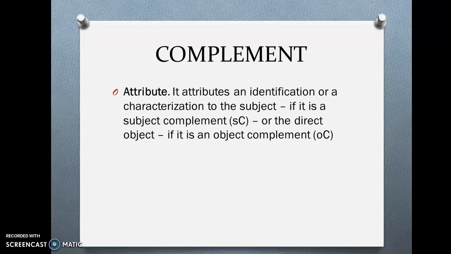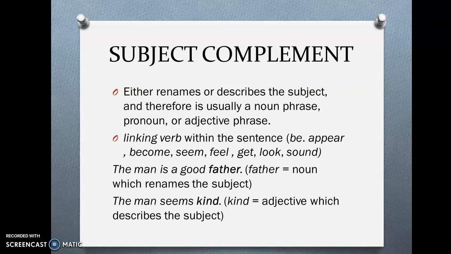Let's talk about complements. Complements are other elements in a sentence, and they are attributes. Yes, they attribute an identification or a characterization to the subject if it is the subject complement, or identification or characterization to the object if it is an object complement.